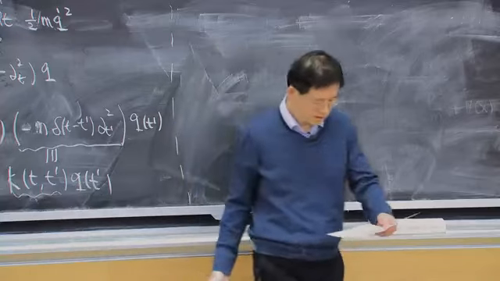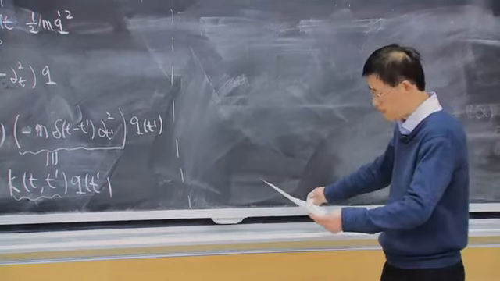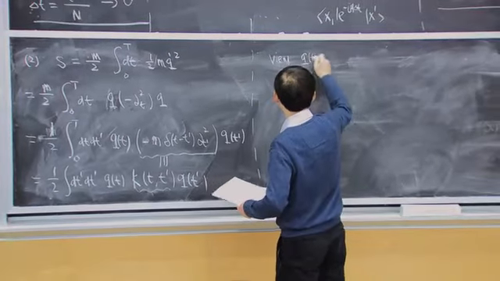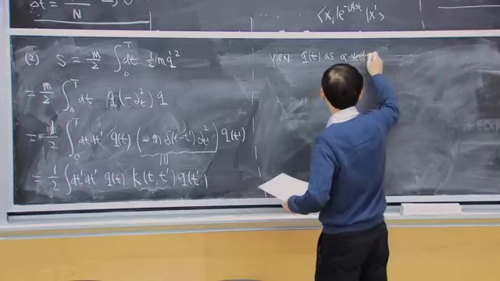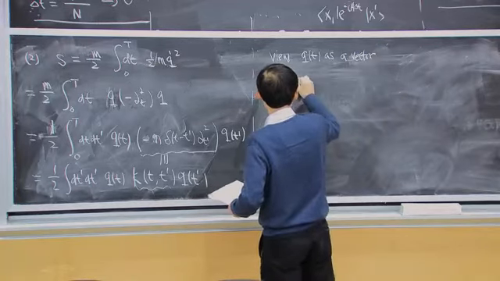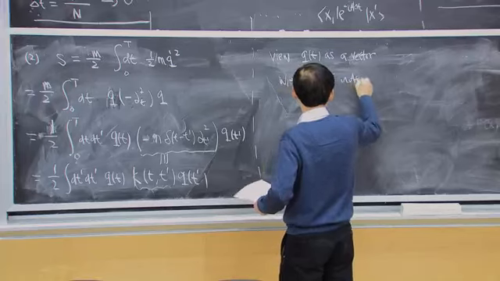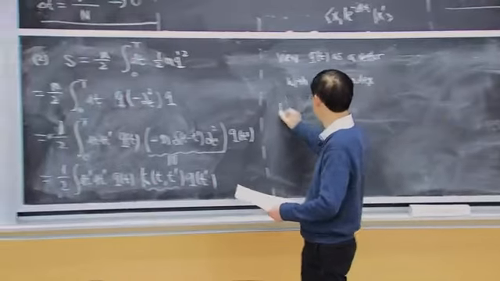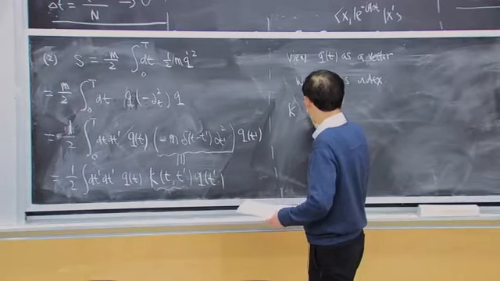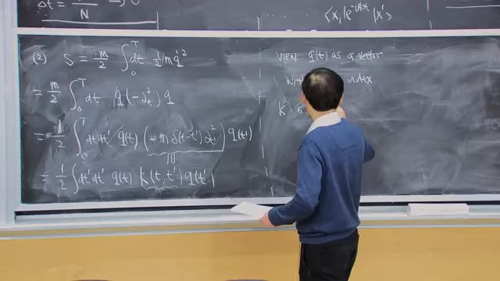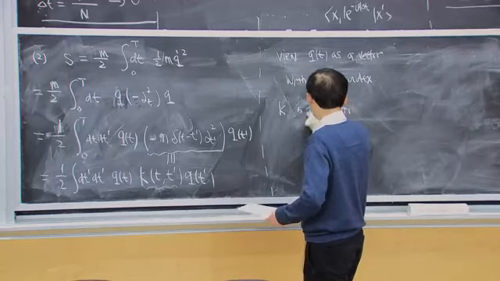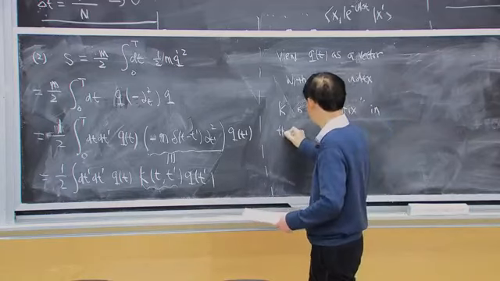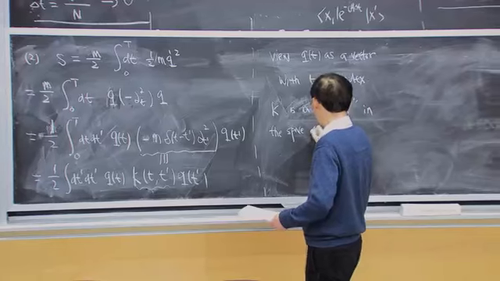So now we can view q(t) as a vector with t as index. And then k is the matrix in the space of q(t). Okay?